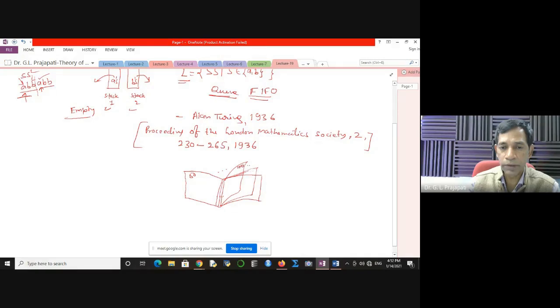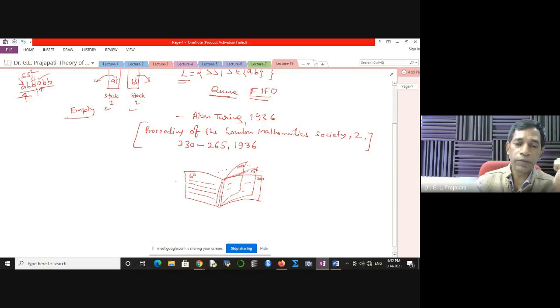This may have page number 150, and this may have page number 200. So the human being is working with pencil and paper.